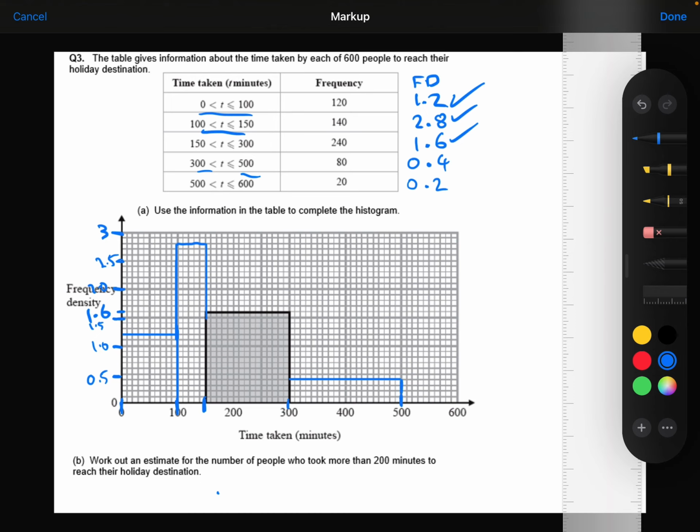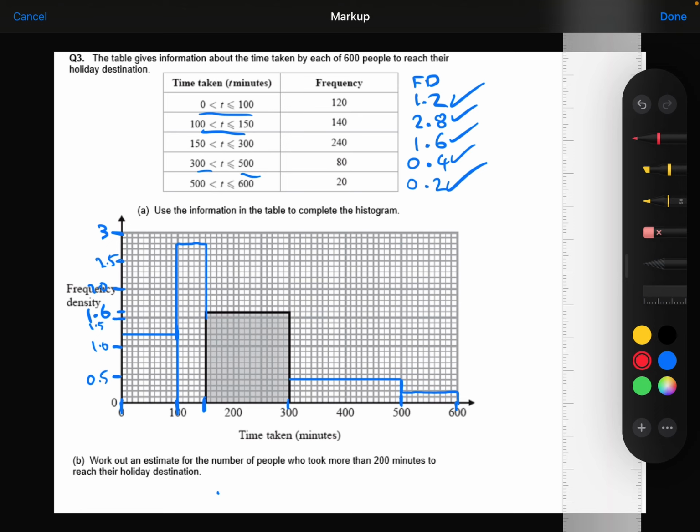And then 0.2 between 500 and 600 would be like that. Right, we've answered part A of the question.